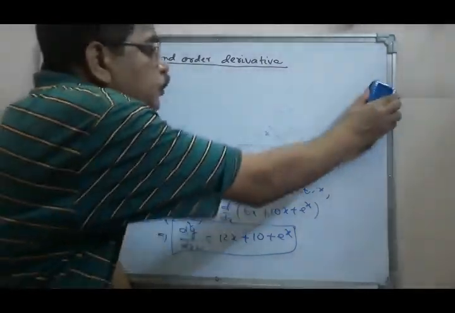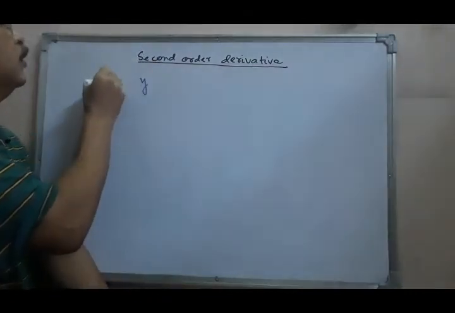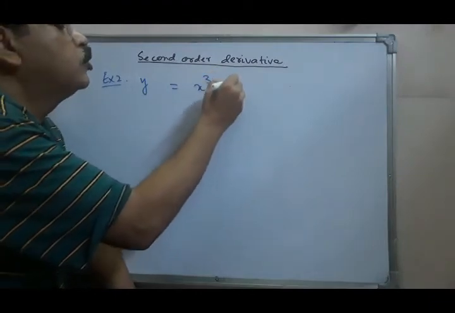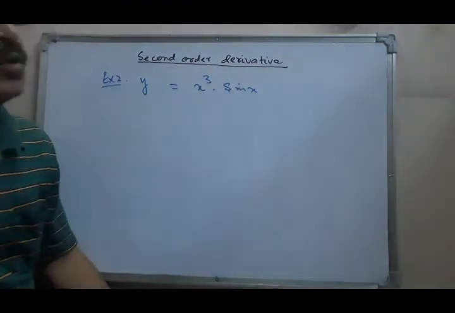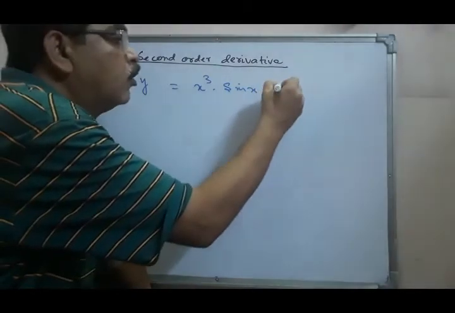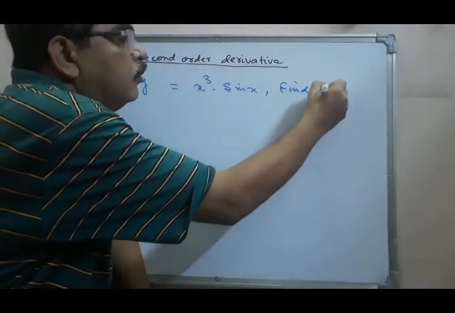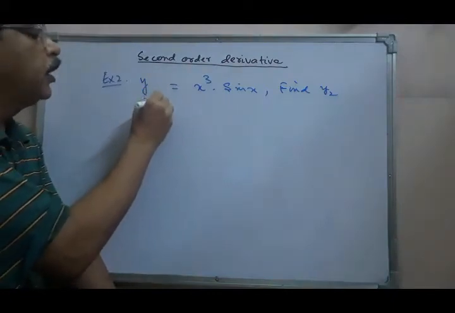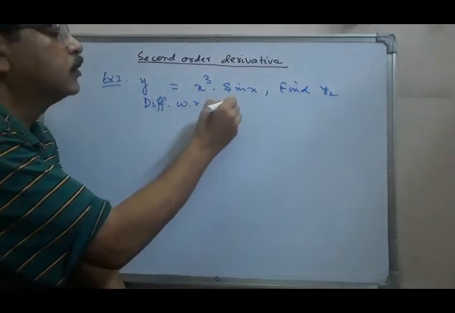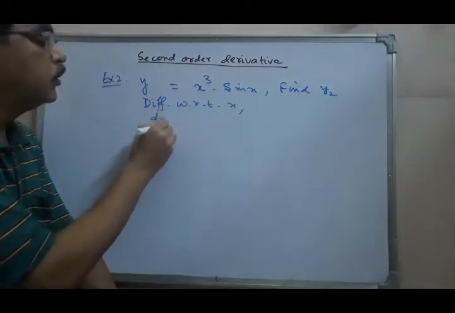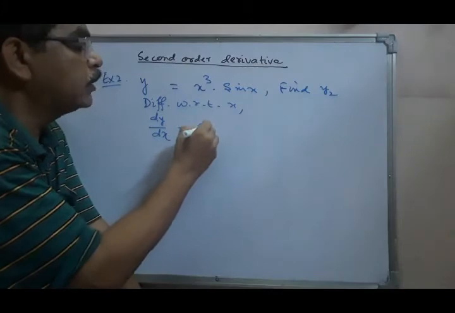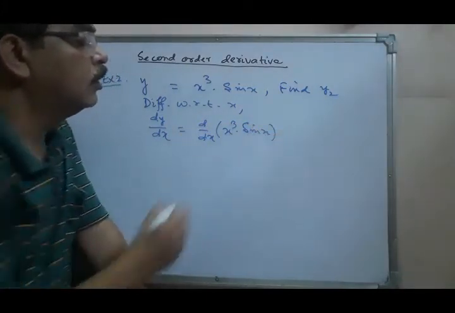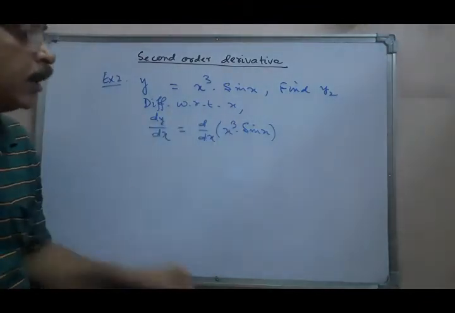Example number 2. y equal to x cube into sine x. So how to find the second order derivative? Find y2. So differentiating with respect to x, we get dy by dx equal to d/dx of x cube into sine x. So this is a product function. We have to apply the product formula.